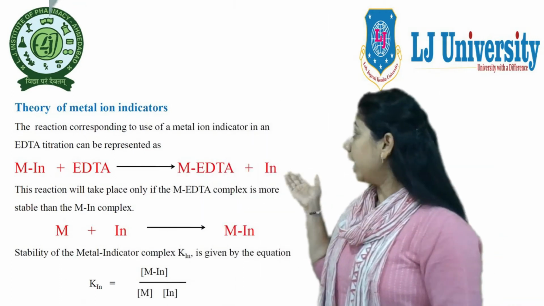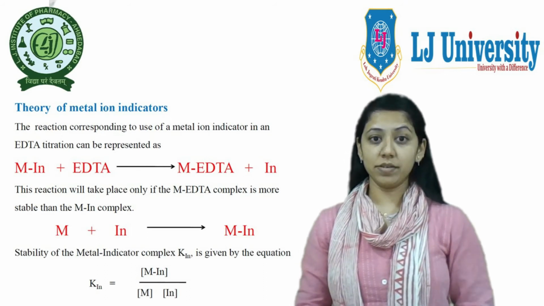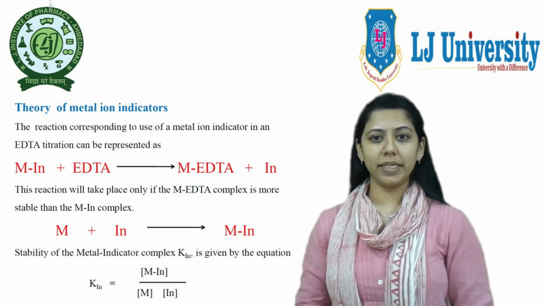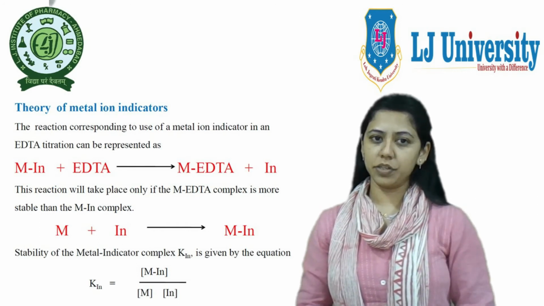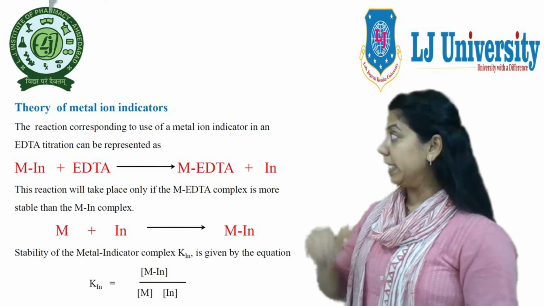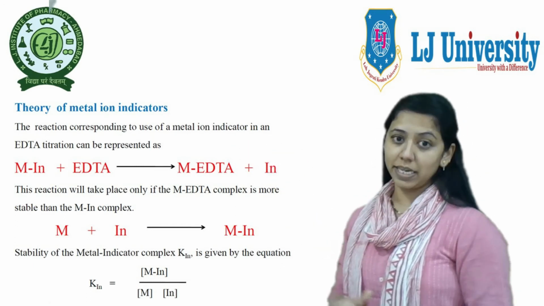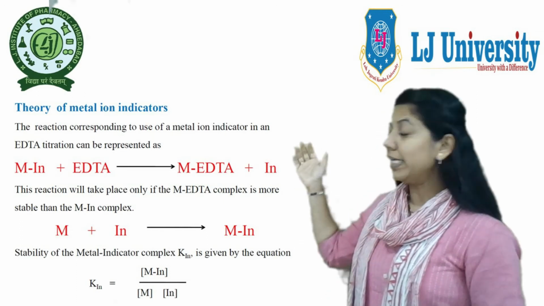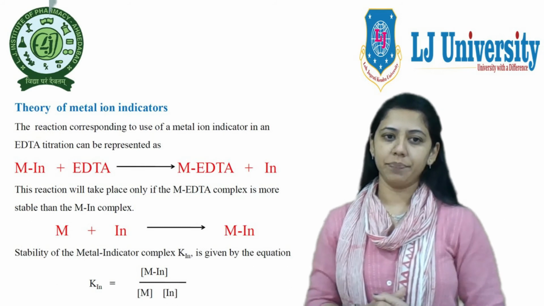So in the theory of metal ion indicators, you can see the reaction corresponding to the use of a metal ion indicator in EDTA titration can be represented as follows. Initially we have the metal ion indicator complex that reacts with EDTA and forms the metal EDTA complex and free indicator.